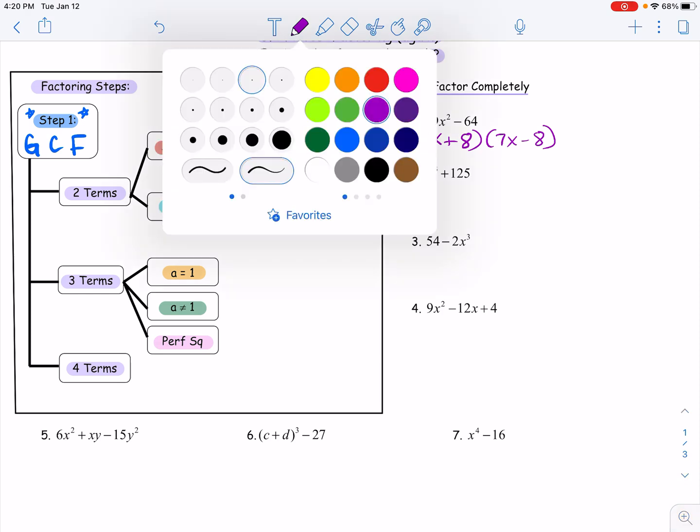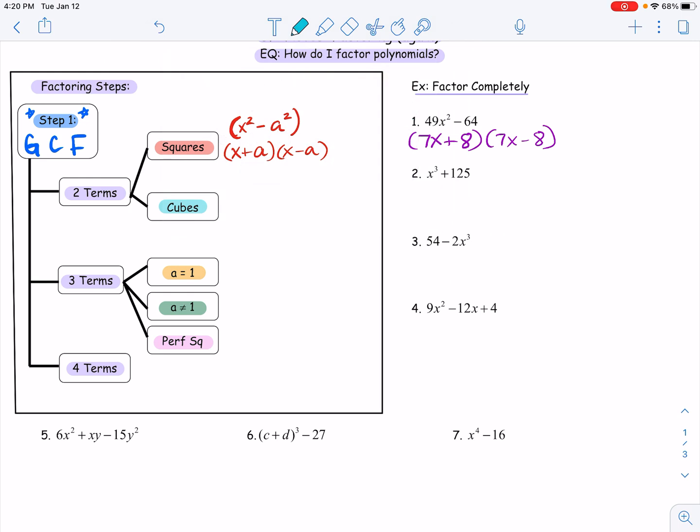Also, something to look out for is if we have 2 terms and they are perfect cubes. We should be very familiar with our perfect squares: 1 squared is 1, 2 squared is 4, 3 squared is 9, 4 squared is 16, 25, 36, 49, etc. You're maybe not as familiar with your perfect cubes, but since we just had a lesson on the cubic function, we should know that 1 cubed is 1, 2 cubed is 8, 3 cubed is 27, 4 cubed is 64, and 5 cubed is 125.